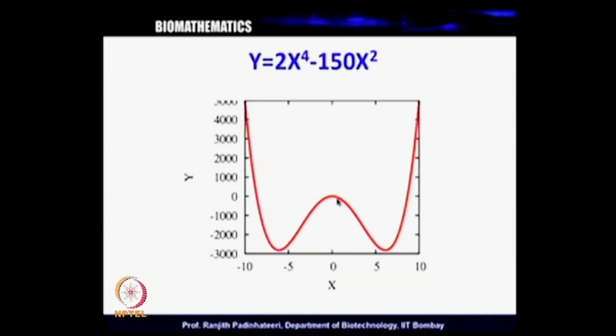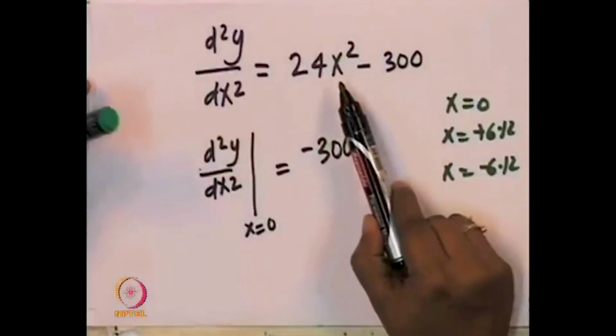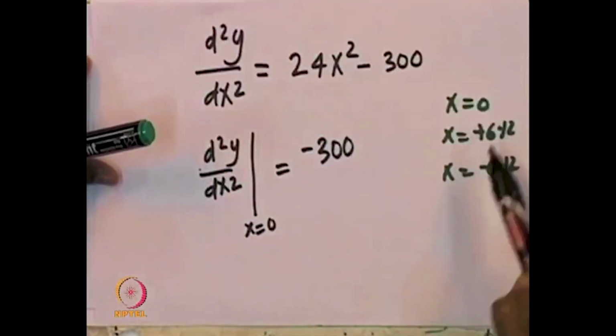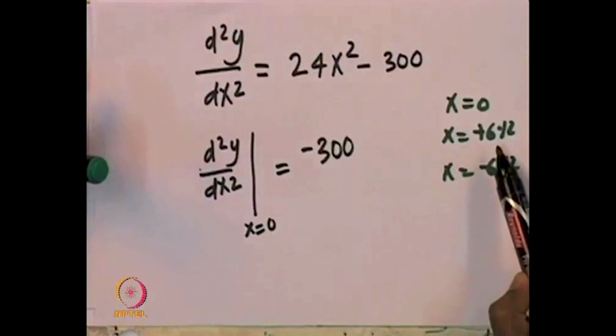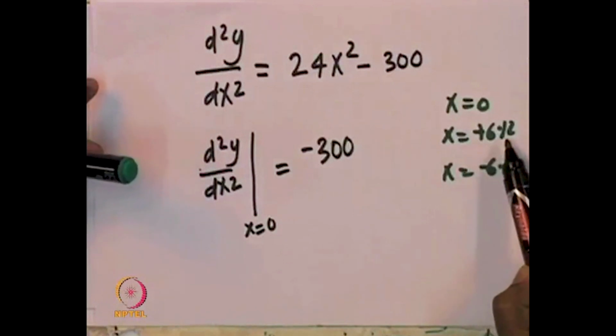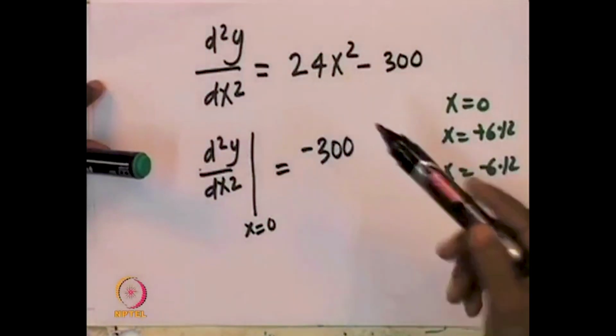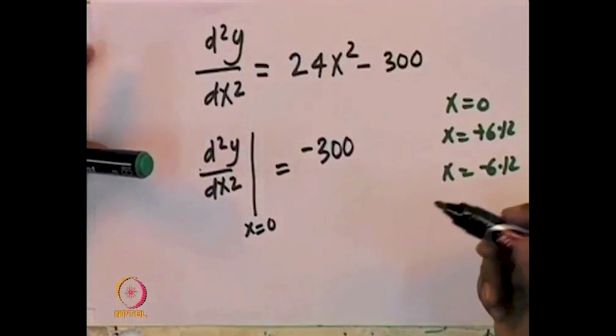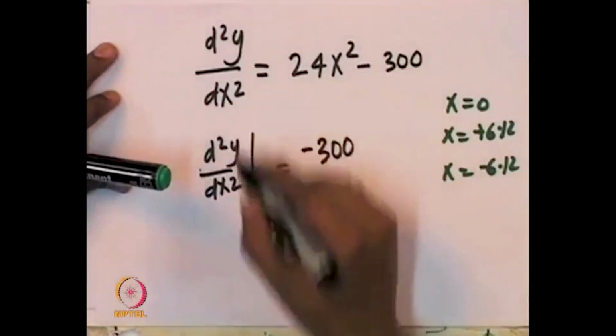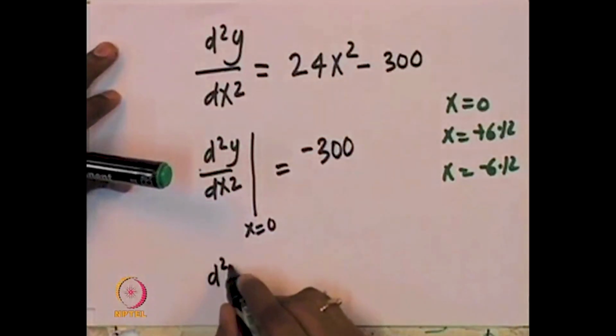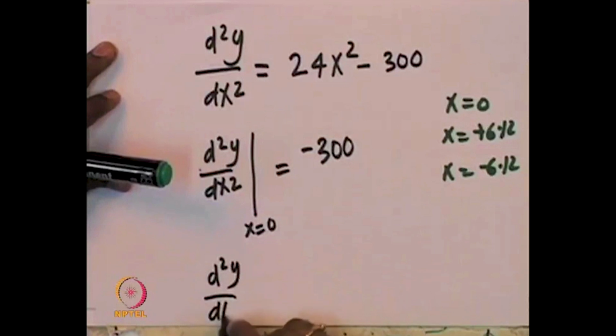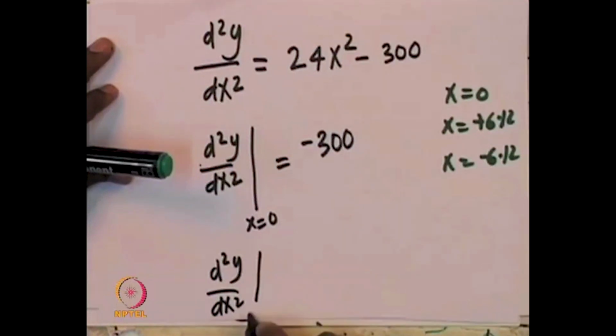Now let us have a look back at the second derivative. Let us evaluate this at x equal to 6.12. So let us say x is 6.12 and x square is 37.5, as we learned. Now we calculate the second derivative at x equal to 6.12.